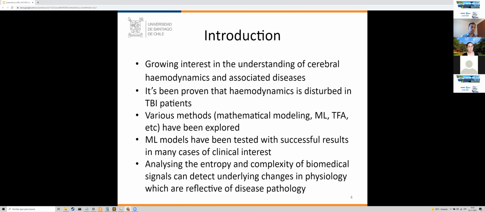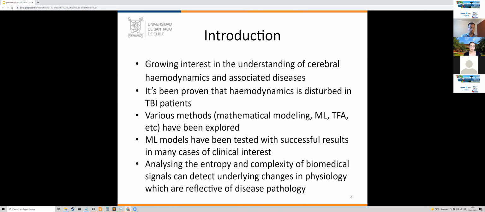And because of that, there is a growing interest in the understanding of cerebral hemodynamics and associated diseases. As far as we know, hemodynamics is disturbed in traumatic brain injury patients, and studies have also shown that autoregulation is often impaired.